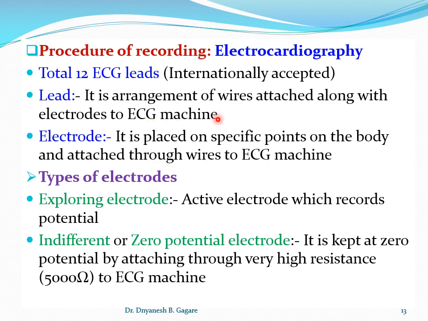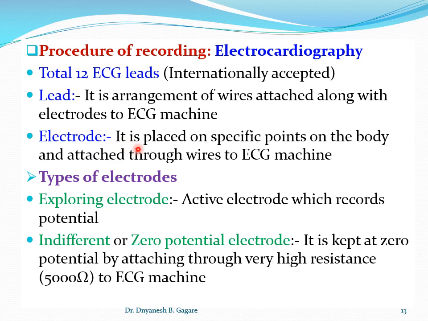If you see the simple diagram of the ECG machine, the machine has two poles or two terminals, that is, a positive terminal and a negative terminal. Two wires are connected, one to the positive terminal and the second to the negative terminal. At the end of each wire, there are electrodes. So what is an electrode?